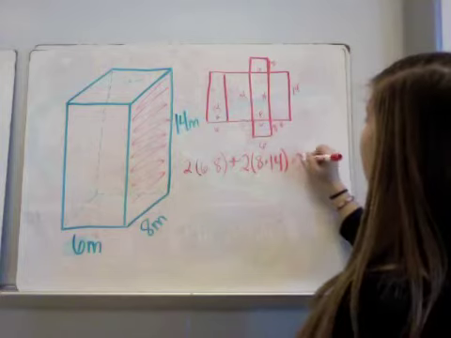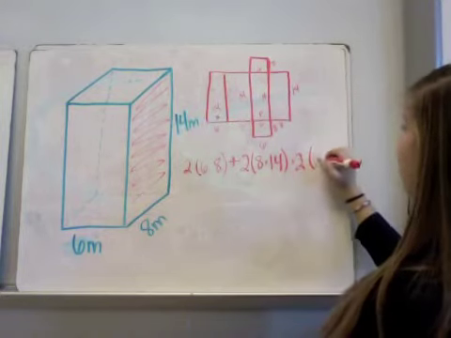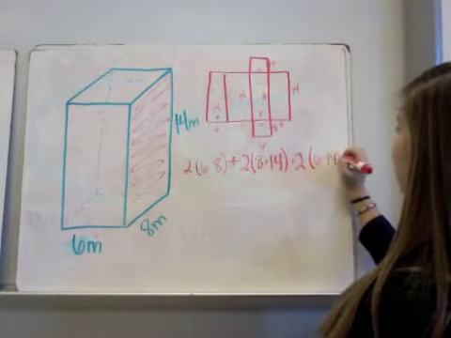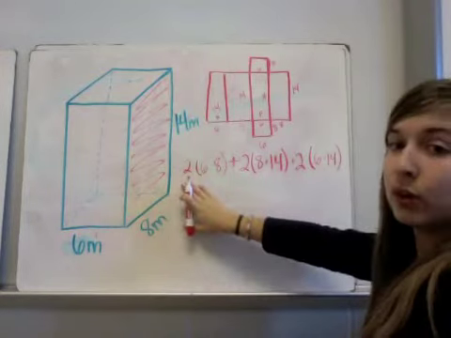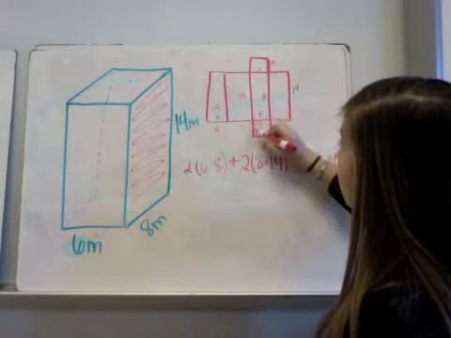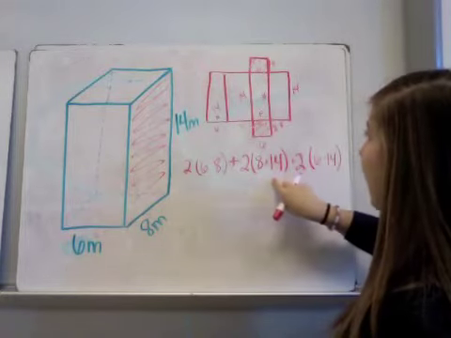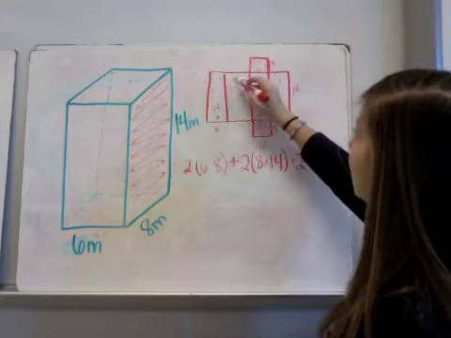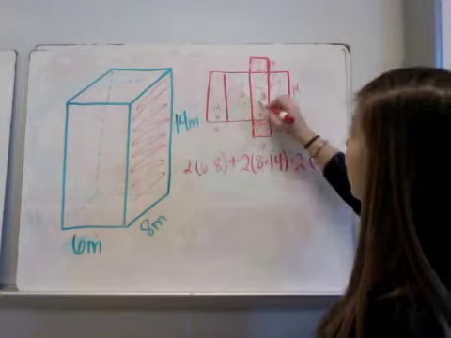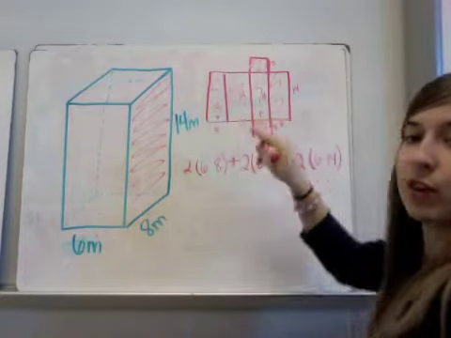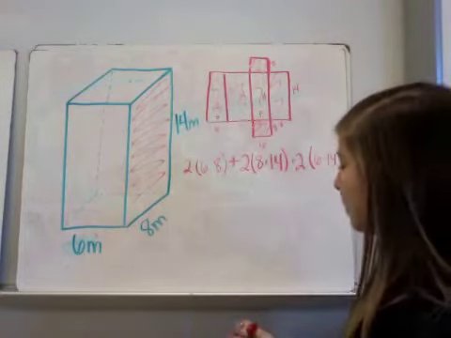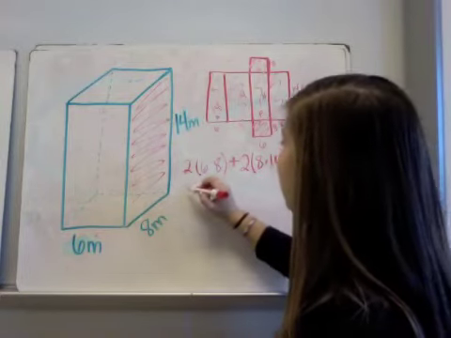The next we'll do 2 times 6 by 14. So we have 2 times 6 by 8, which is this. We have 2 of them. 8 by 14, 2 of them. 6 by 14, 2 of them. And now we've covered all of our surfaces. So let's multiply this out. 6 times 8 is 48.